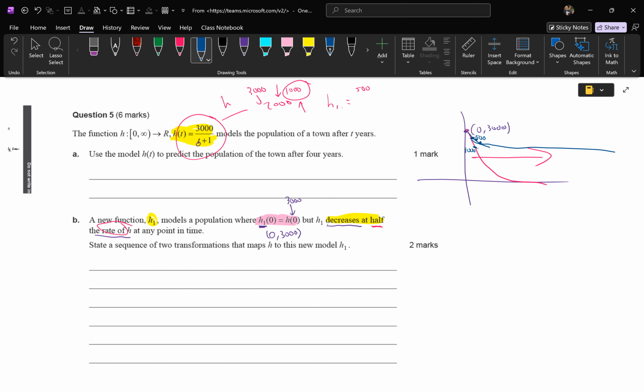That means it takes longer before it finishes, whereas the first one would drop much quicker. So that line already suggests it should just be a dilation of factor 2 from the y-axis, technically a factor of half in the rate. So that means it will just be h of t over 2.